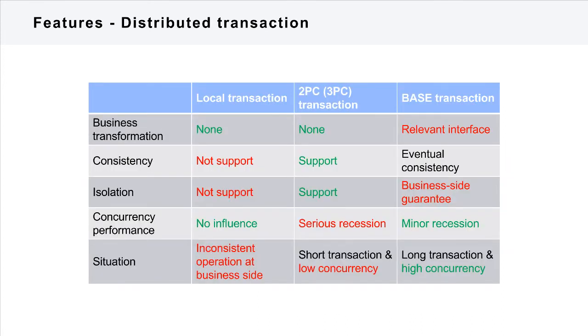To solve the problem of distributed transactions, we recommend using a reasonable data sharding method to convert distributed transactions to local transactions, which can effectively avoid the trouble caused by distributed transactions.